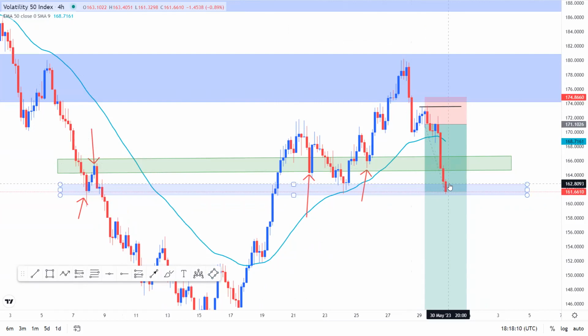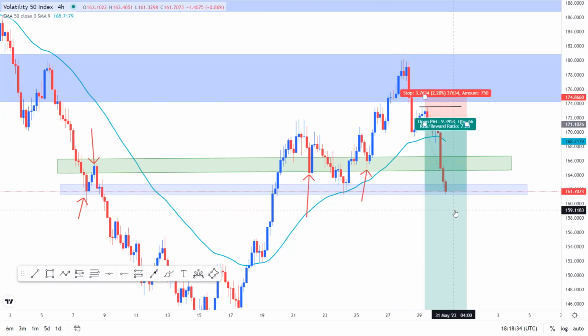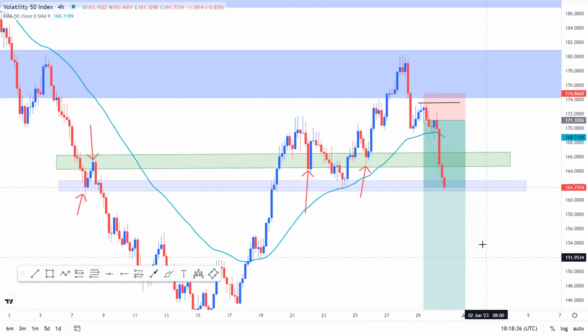So now, having identified the market structure, we then want to mark out our areas of interest where we potentially want to wait for price to retest, to pull back into these areas, and then we would be looking for entry confirmations to ride the downward, bearish market structure.